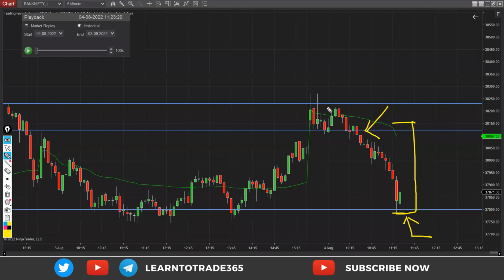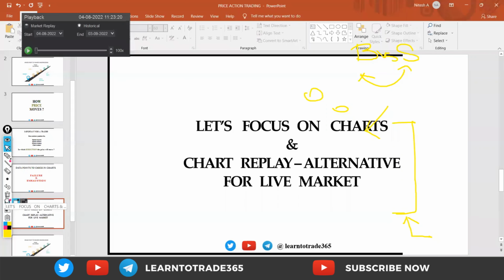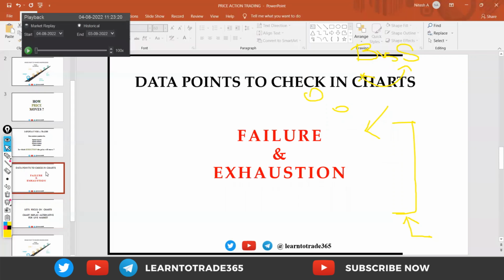Okay. So what are the clues? In the start of the session, I have told one thing. Buyers versus sellers. If you are into price action trading, the main job is to check buyers and sellers. And even on the slide, I have mentioned that the data points to check from the chart are failure and exhaustion.